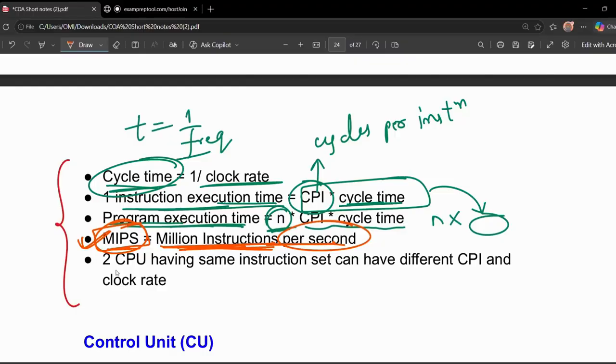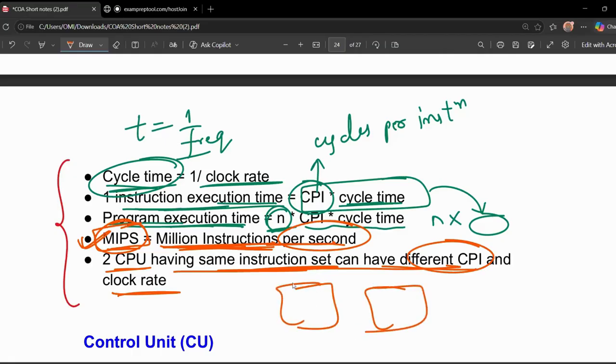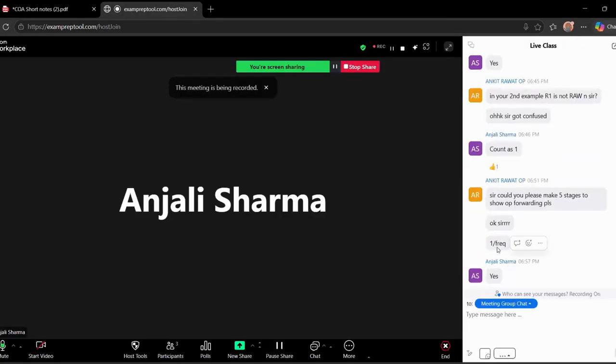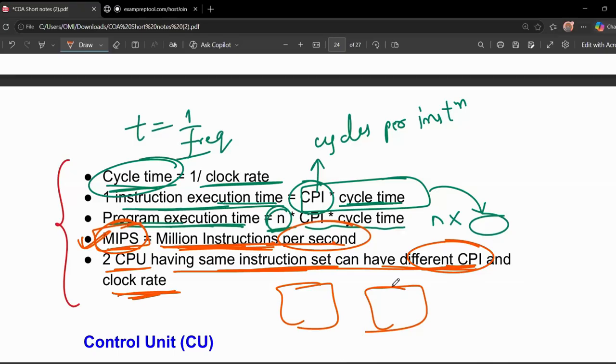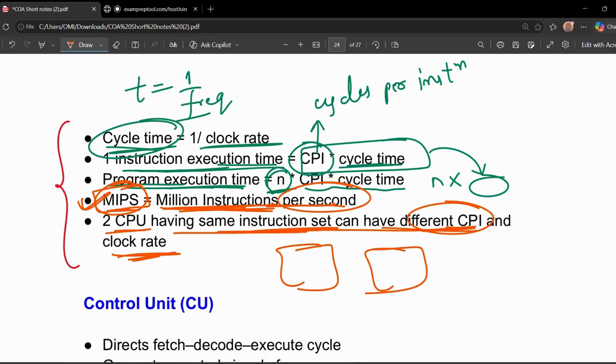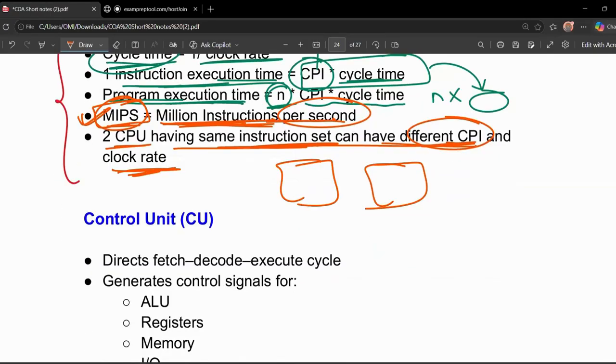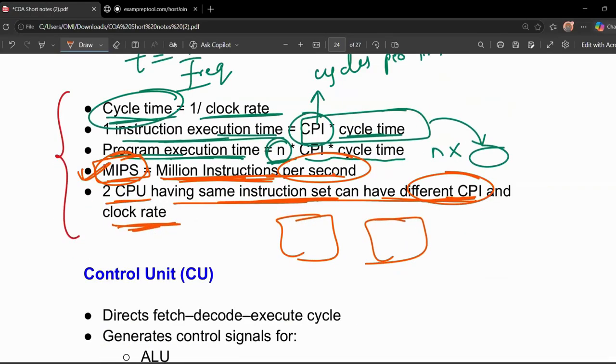Now, next point is two CPUs having the same instruction set can have different CPI and clock rate. If you have two CPUs, they may have different CPI and they may have different clock rate, based on how the system designer made the architecture. So this is all about it.